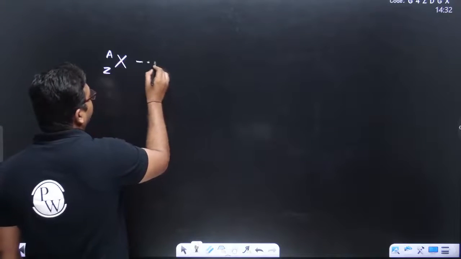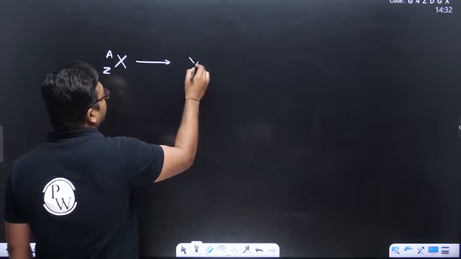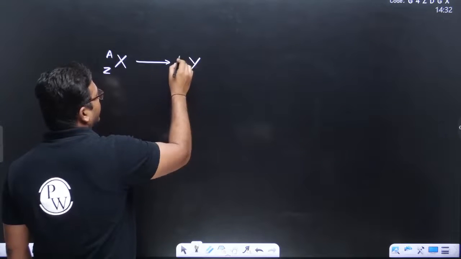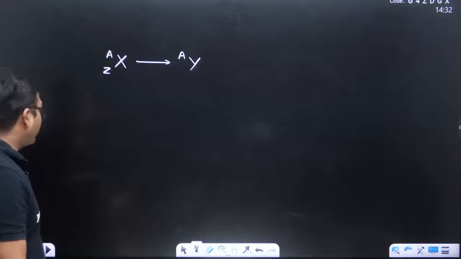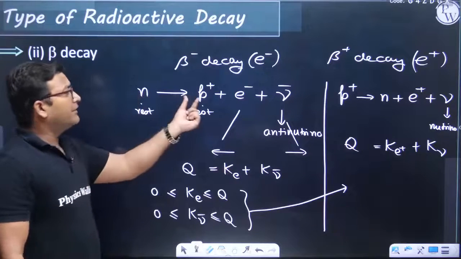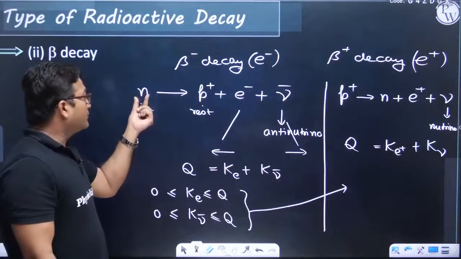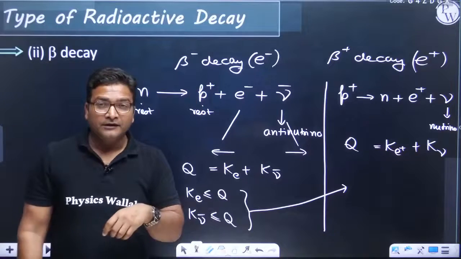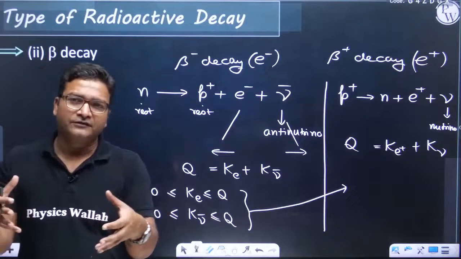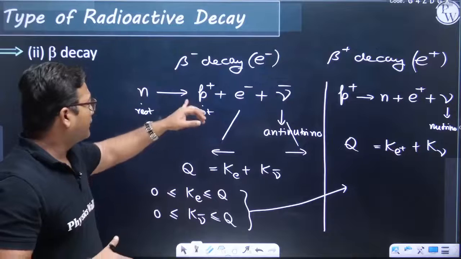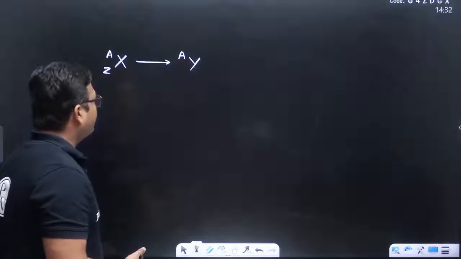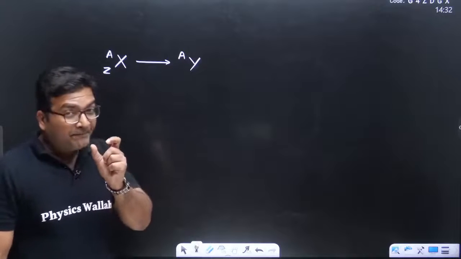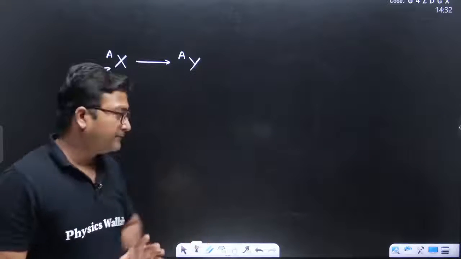So when beta minus decay occurs, it is converted into a daughter nucleus Y. The mass number isn't changed because the neutron is converted into proton. And if neutron is converted into proton, the number of nucleons is fixed, and the proton stays inside the nucleus. So you can say the mass number is same, but the atomic number increases by 1.